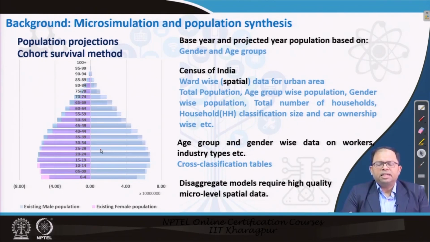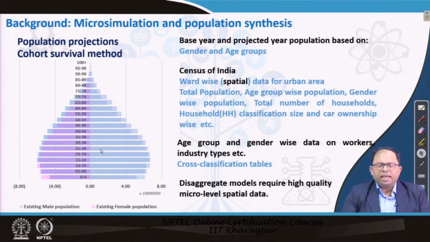So, these are the detailed data given for each ward in an urban area. If we want to get the data on both gender and age group, ward wise, that may be available, that may not be available. But if I ask for car ownership data for each age group, that definitely is not possible from the census.